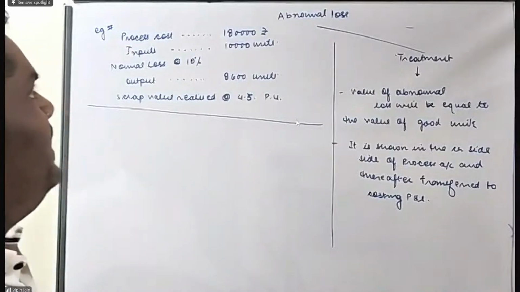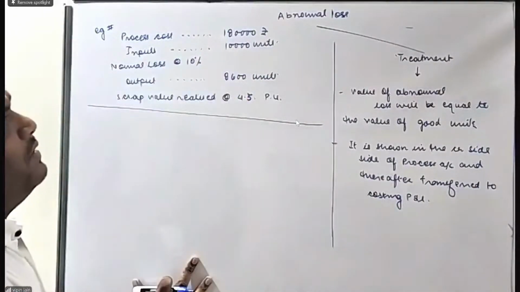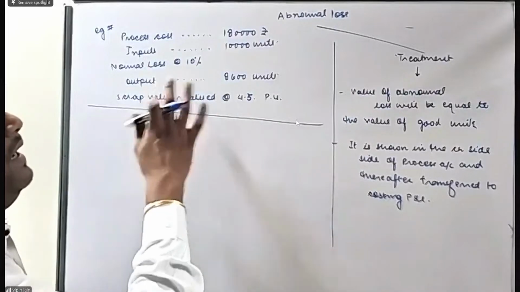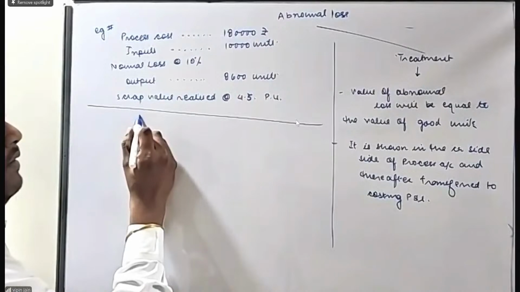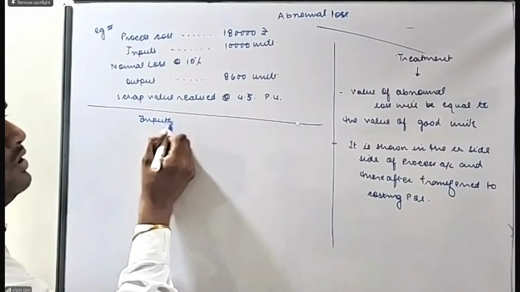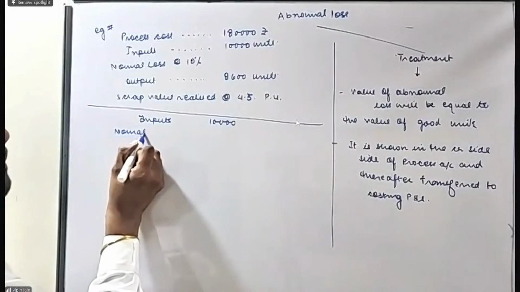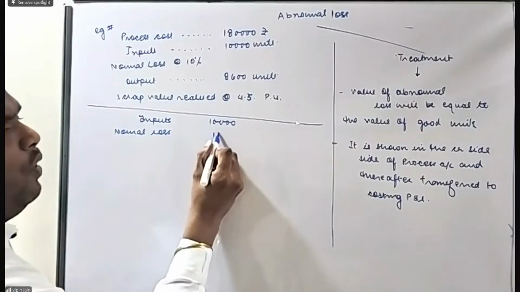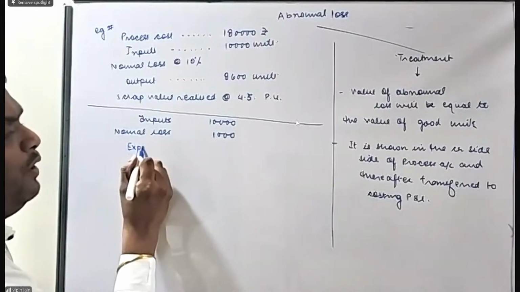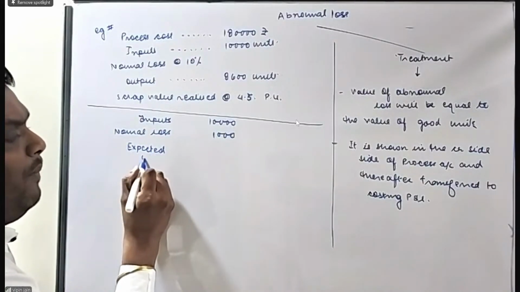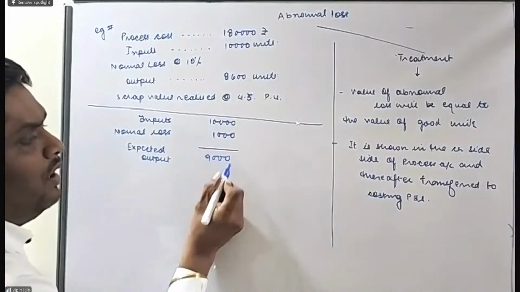So this is the question wherein the process cost is 1,80,000, my inputs are 10,000, my normal loss is 10% and my output is 8,600 units. See, my inputs are 10,000. My normal loss is 1,000. So my expected output is 9,000.